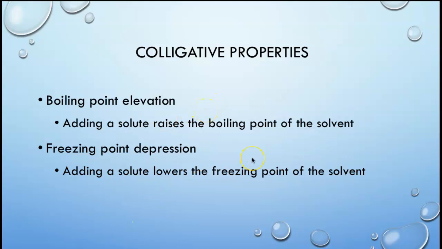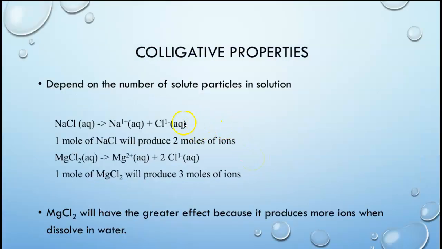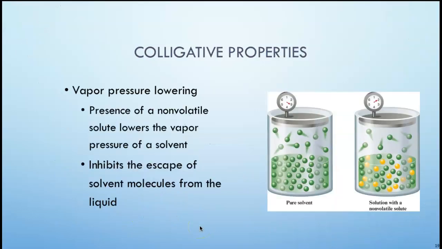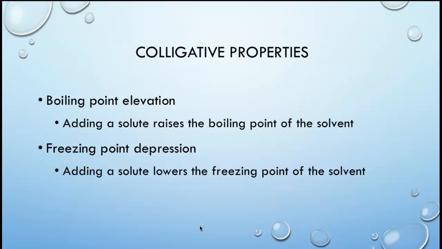So I want to go back a few slides. If you compared sodium chloride and magnesium chloride, magnesium chloride will elevate the boiling point and lower the freezing point of water more than sodium chloride will, because magnesium chloride breaks up into more ions.